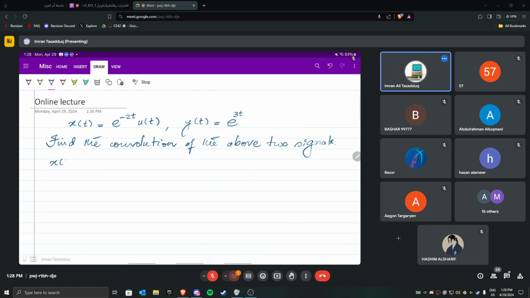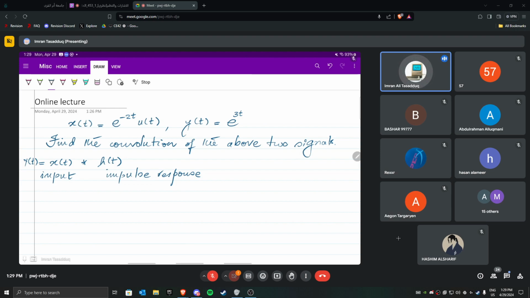So far we have been finding the convolution of x of t and h of t, where x of t is the input signal and h of t is the impulse response. When we find the convolution, we say that this is equal to y of t.